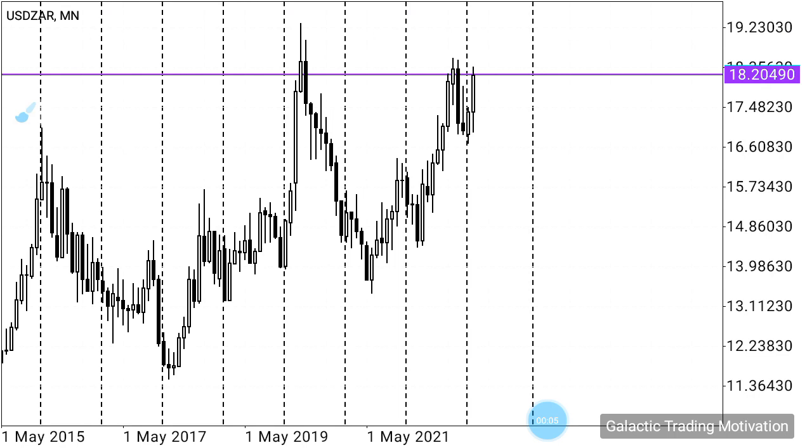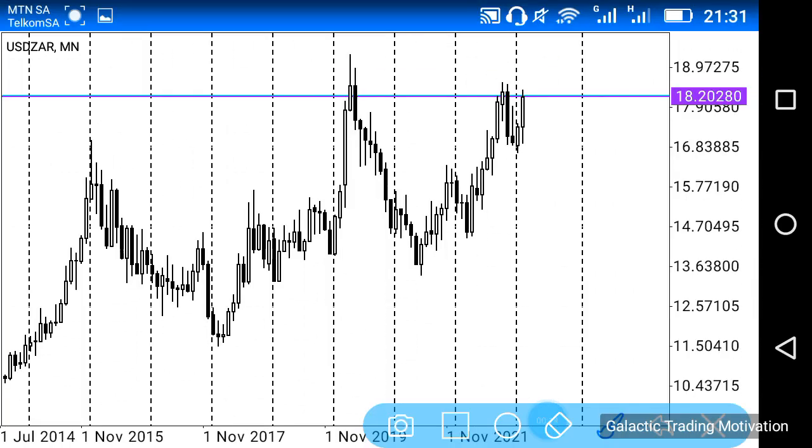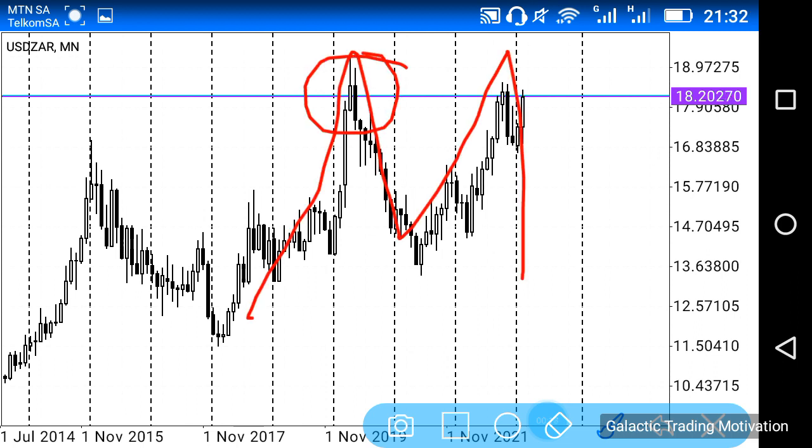Let's quickly have a look at USD ZAR. And as you can see, we are on the monthly chart. Just to recap, remember guys, the last time we spoke about this particular currency, we mentioned that we have this very nice M structure, which has a first leg on this side and the second leg on this side.